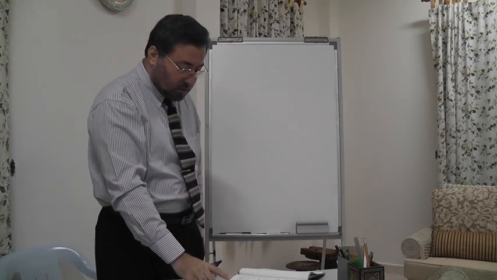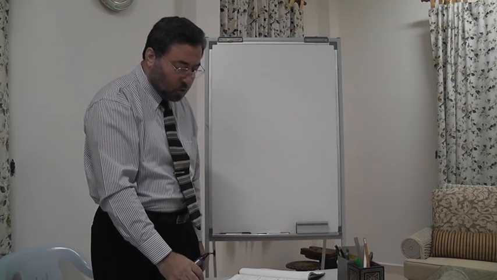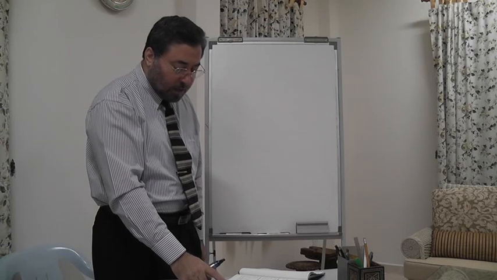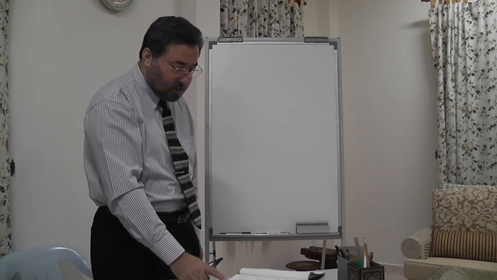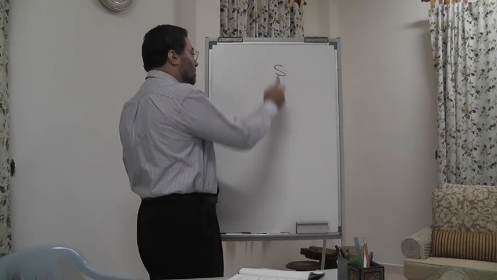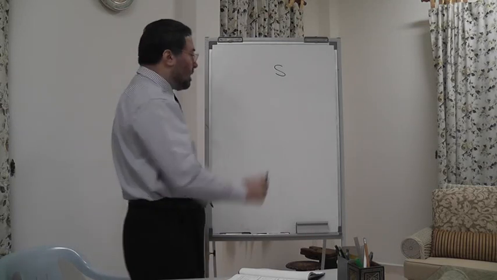Another exercise is number 14. Write an algebraic expression for each word description. 45 decreased by the amount spent, S in dollars. So the amount spent is S. And I have now 45 decreased by that amount.